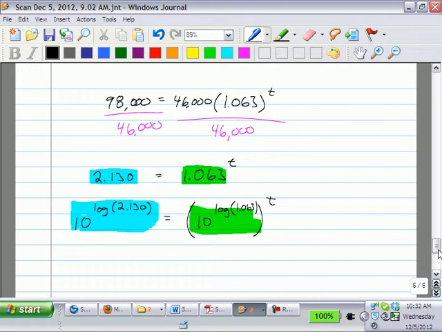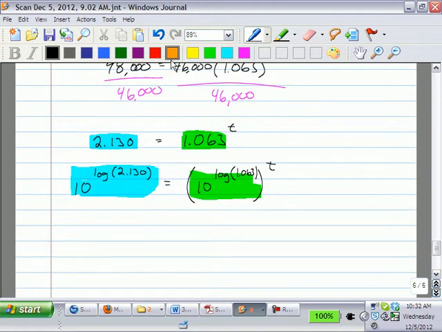I want you to clean up the right-hand side before you get rid of the tens. So these two exponents, are they added or multiplied? So 10 to the t log 1.063.